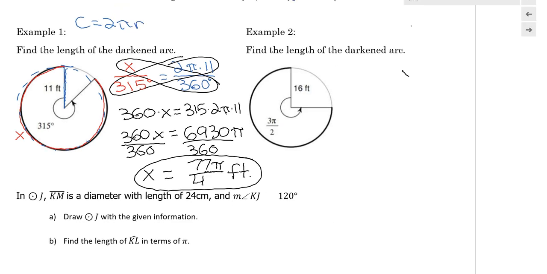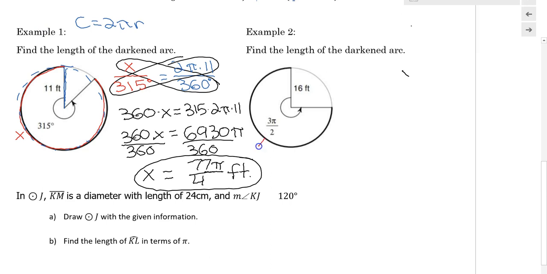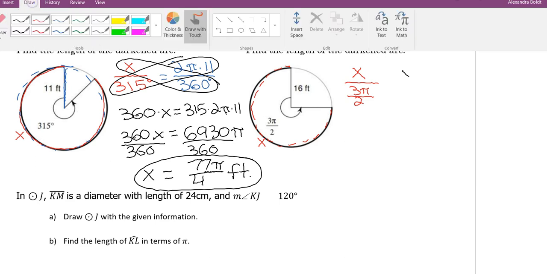Looking at example 2. Pretty much the same exact problem, except now we are looking at one that's in radians instead of degrees. That's only going to change one small part of our problem. It's still going to start the same way. I am still looking for this arc, how long that is. So I have x over the angle, just now my angle, instead of a nice degree, is 3 pi over 2 in radians, equals.